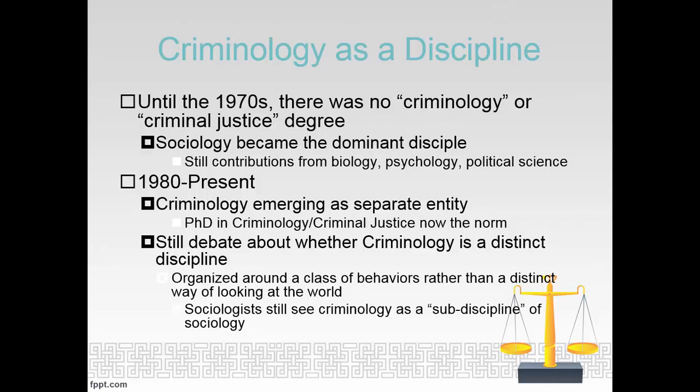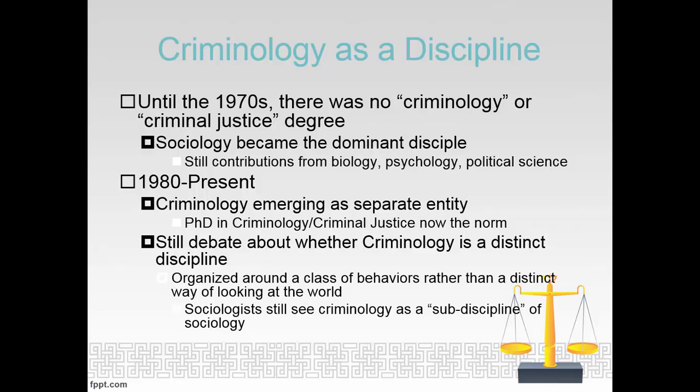So psychologists tend to look at individual differences between people in terms of intelligence and personality and learning. Whereas sociologists, for example, tend to look at group processes. And political science obviously looks at politics and how politics shapes the world. In contrast, criminology is less a way of looking at things and more an area to look at.